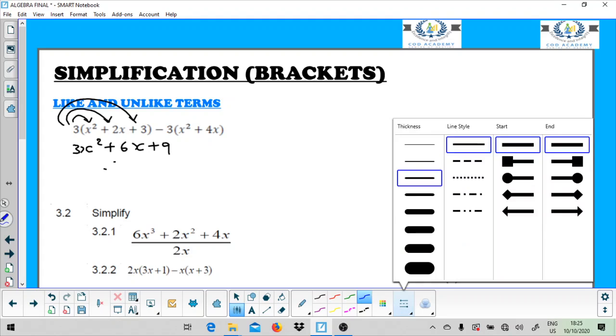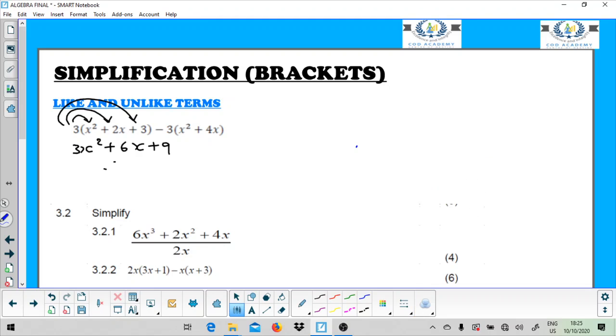What about the second bracket? Well, this negative 3 should multiply x squared, so it will be negative 3x squared. Again, it should multiply the second term, so negative 3 times plus 4, negative 3 times 4, I believe you notice it's negative 12, and then we put an x there, because 3 times 4 is 12, and x is on its own over there.